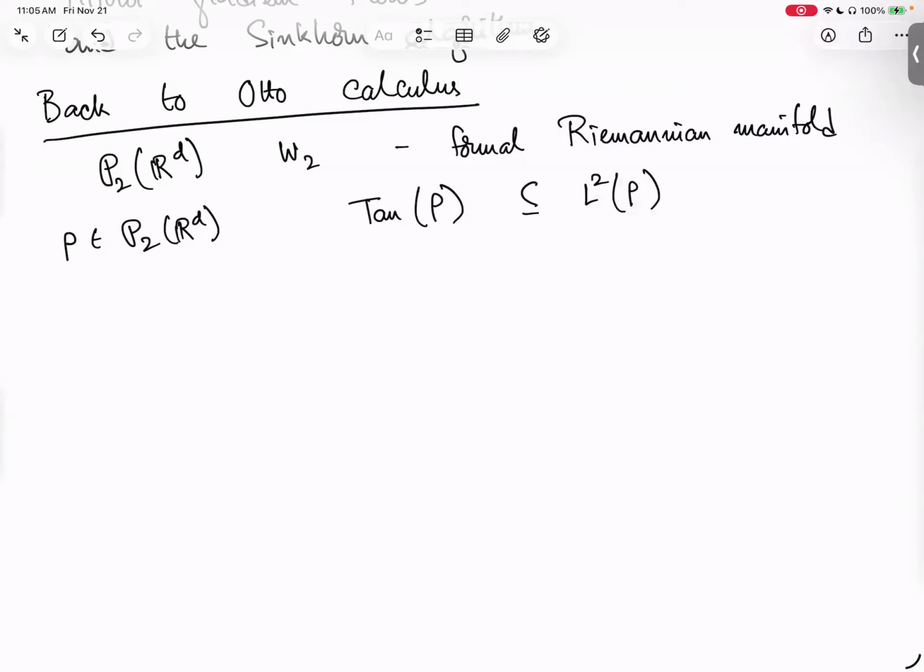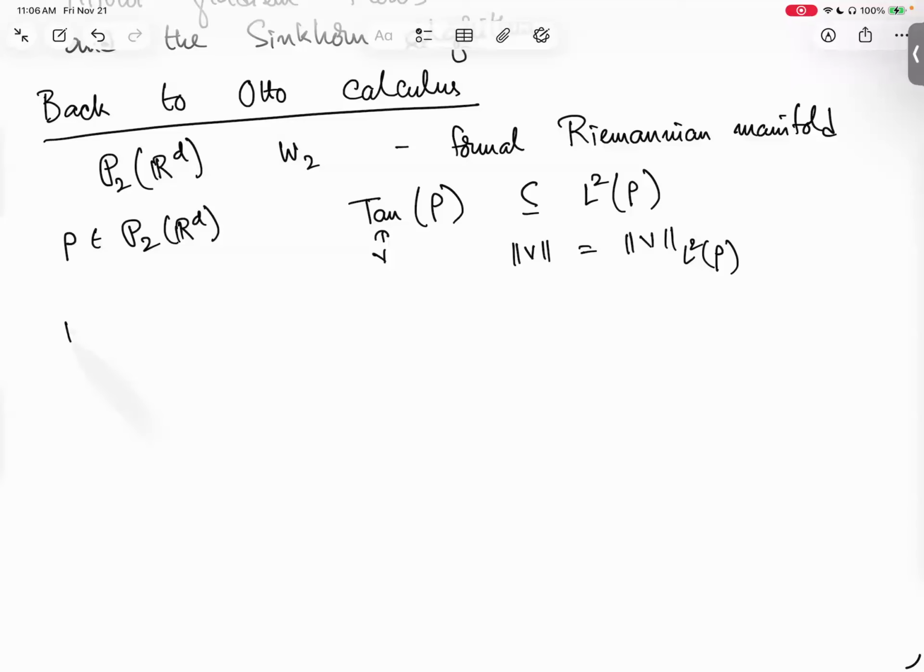If you have one such velocity, some v in this tangent space, you can measure its size by its L2 norm at rho. So this is like a local picture of the size, and the global picture of the distance can now be recovered from this local picture by Benamou-Brenier.